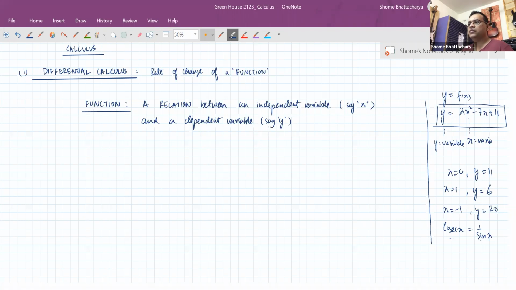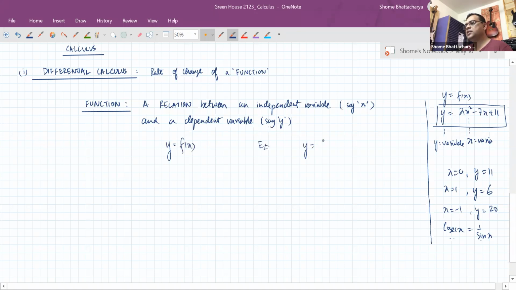So the general way we denote a function is that y is some kind of relation of x. For example, if I define y as sin x, or y as x square, or y as x cube plus 3x, these are all examples of functions where on the right hand side we have some kind of formula related to the independent variable.